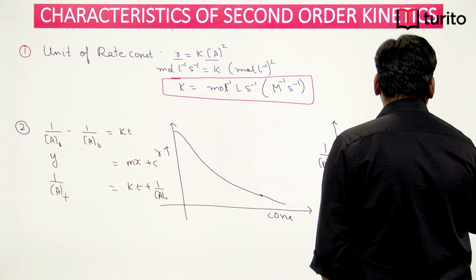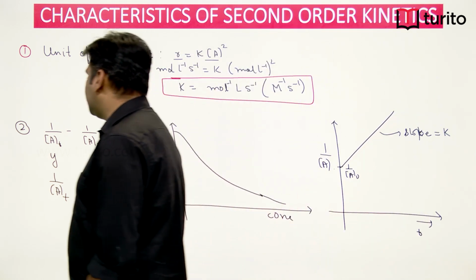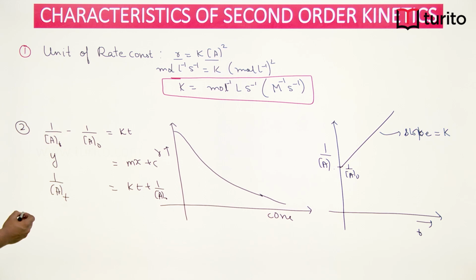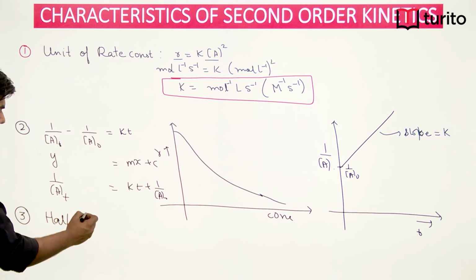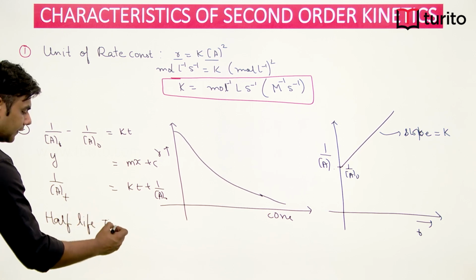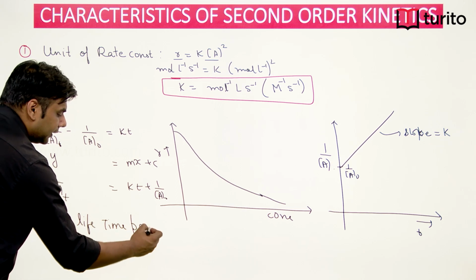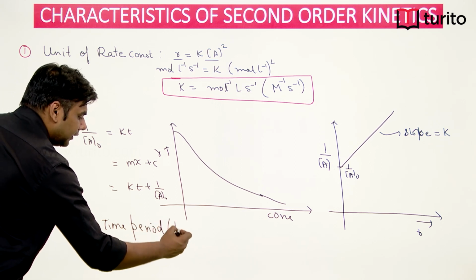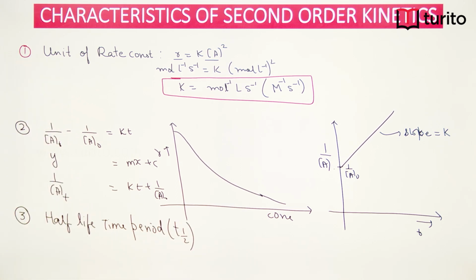Now one important aspect which we wanted to derive is the half-life time period. This we have covered in the last lecture as well. So half-life time period, or T half, is the time when half of the reaction has occurred.